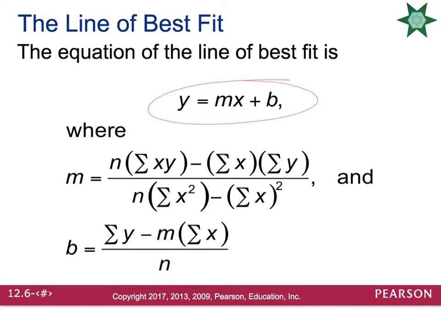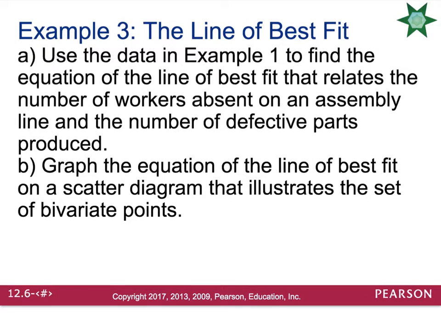Notice they're writing it in the form of y equals mx plus b. You can do all this fun stuff if you want to, or like I just showed you on the last example, you can do it in your calculator. So, in the previous example 1, we used the line of best fit feature to create our equation. So just to remind you, I'll show you what that looks like again.